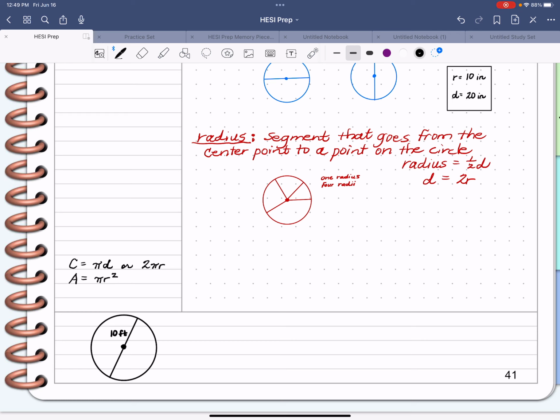So that's circumference. If we're going around the outer edge, we want to use either this formula or this one. And I'm going to use them both just so you know what I'm talking about.